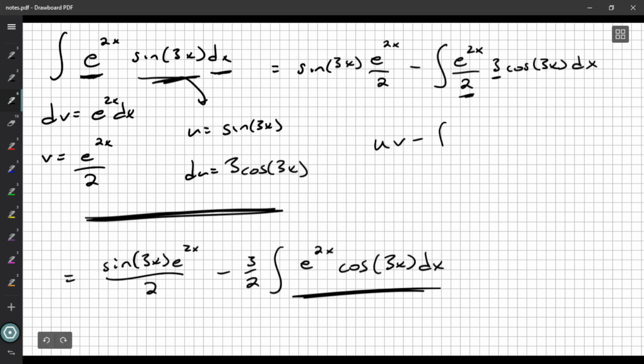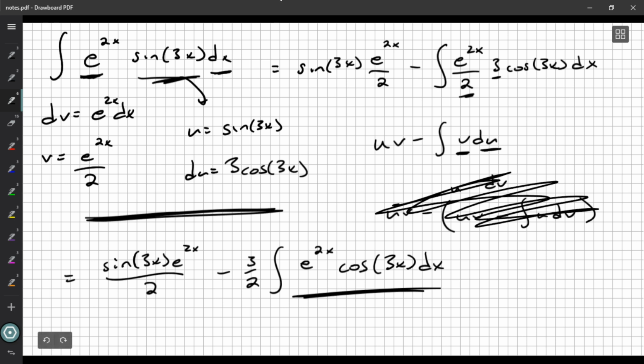They do uv minus v du, and then they do another integration by parts, so they let their v be their new u, and their du be their new dv, and they'll end up with uv minus u dv, and that gets them back to where they started. Everything sort of gets undone.